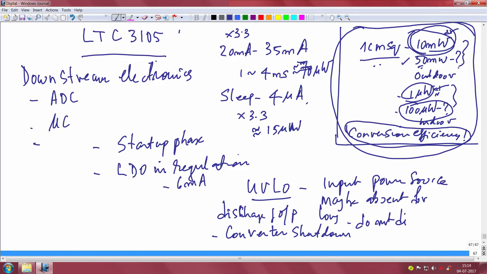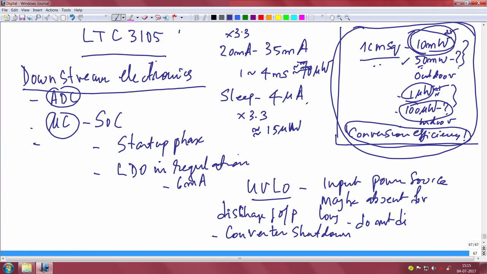The other part is when I say downstream electronics, you must also note that this means there is an ADC, and the microcontroller itself is another load. The ADC means there are sensors connected to it, which are power consuming components as well, and you may want to do a few tricks before you start any communication with a microcontroller come radio, a low power radio like a BLE radio.